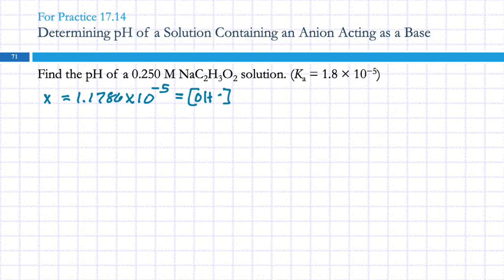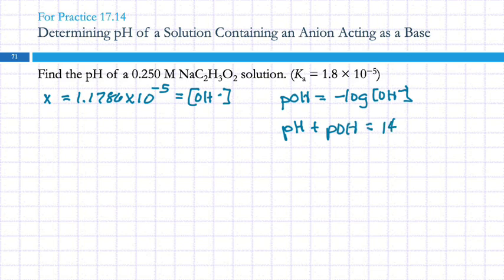What I think is the simplest thing to do is find the pOH and subtract it from 14, because pOH is the negative log of hydroxide ion concentration, and pH plus pOH equals 14.